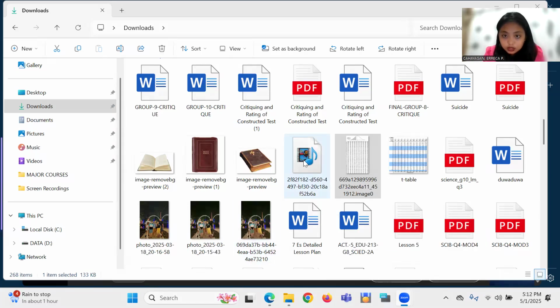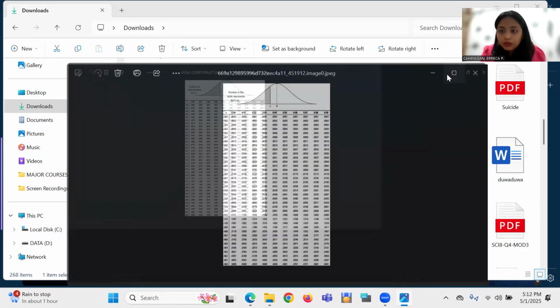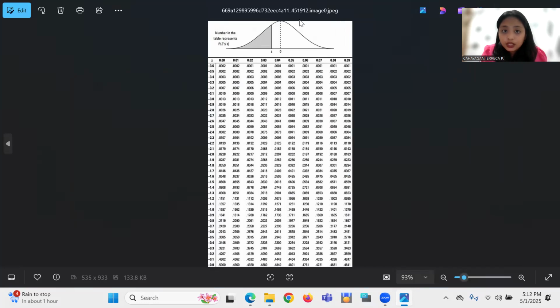Here is the z-score table. If you can see it on your screen, am I right? This is the z-score table, where you can find, for example, if your z-score is negative 2.5, here it is, negative 2.5.